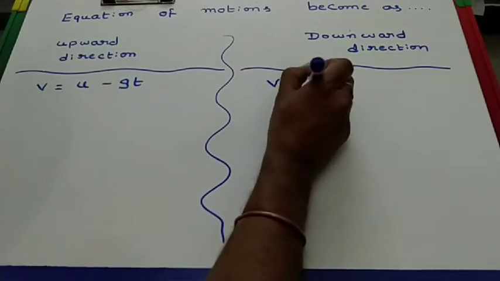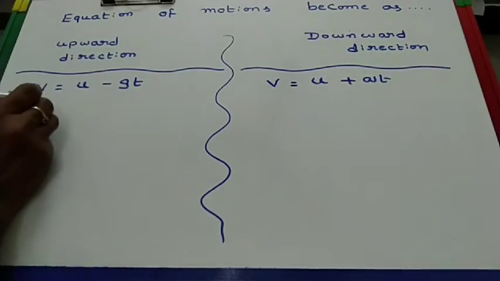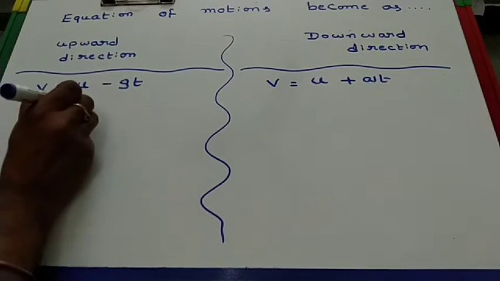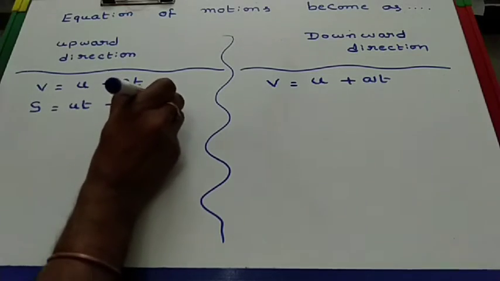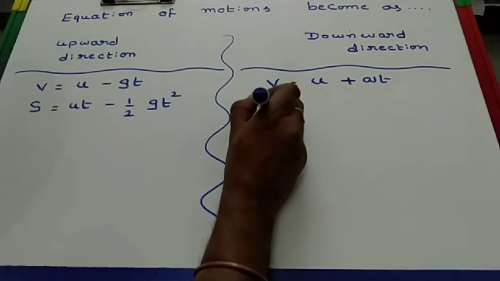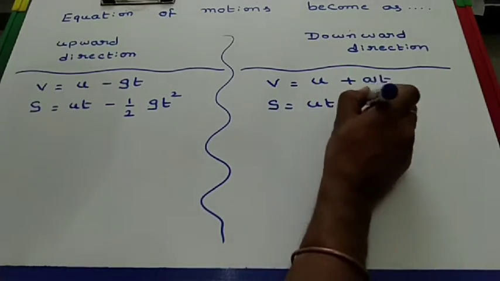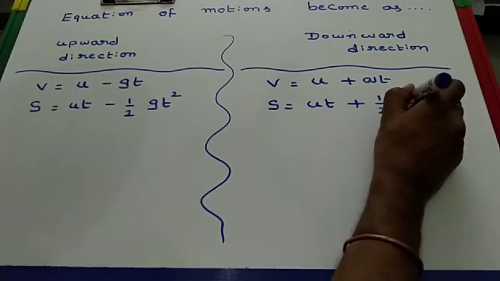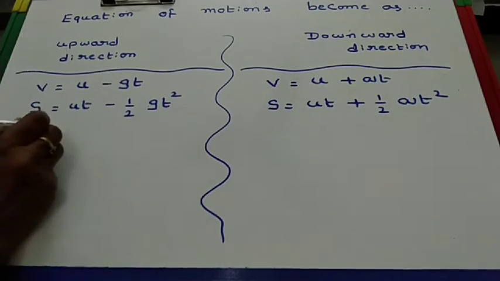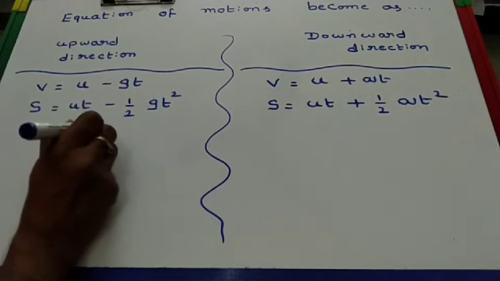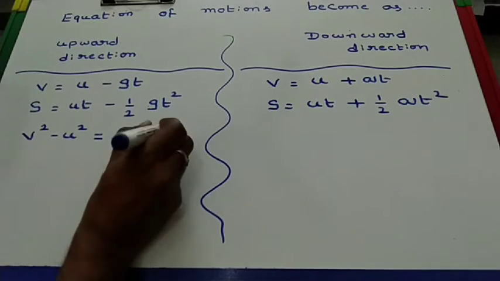Here v is equal to u plus at. Here s is equal to ut minus 1 by 2 g t square. Here s is equal to ut plus 1 by 2 a t square. Here v square minus u square is equal to minus 2gs.